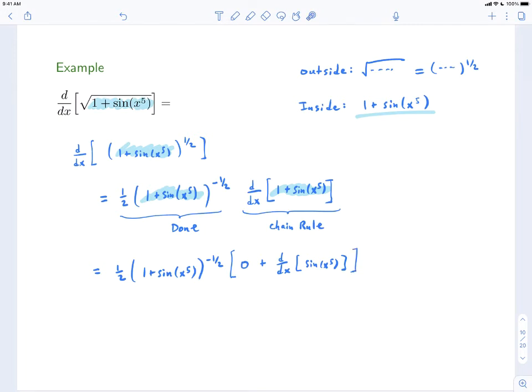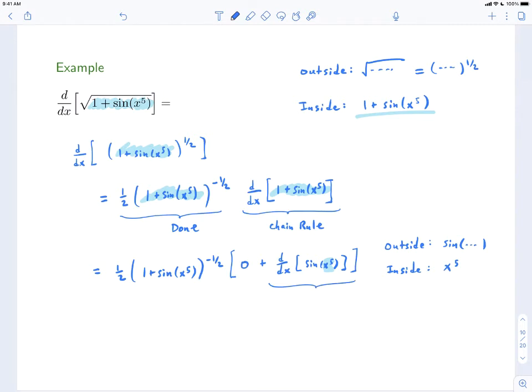And now here we have another composition. Our inside function is x to the 5 now, and our outside function is sine. So outside is sine of whatever, and our inside function is x to the 5. So now we can just use the chain rule on this term.